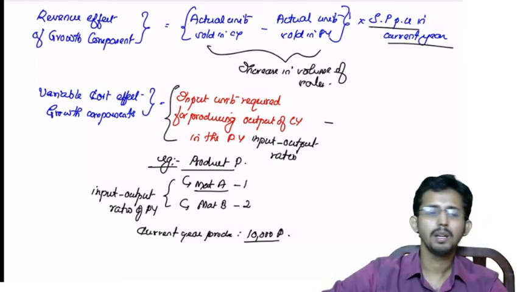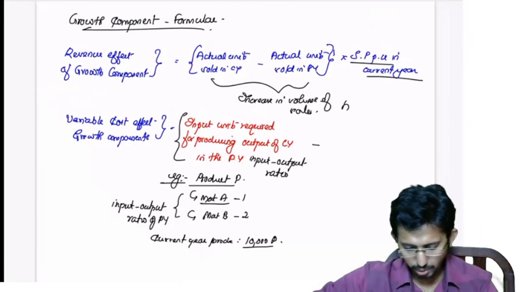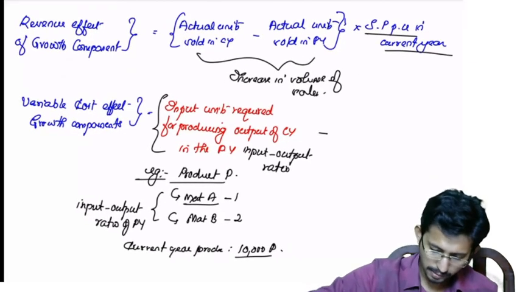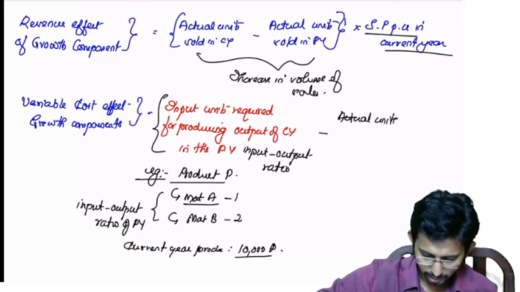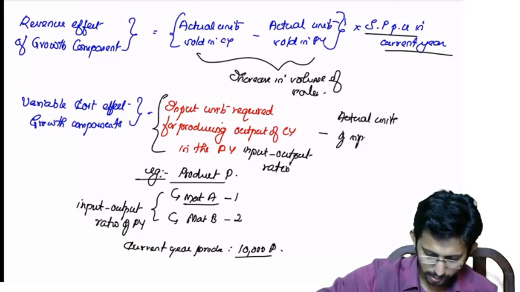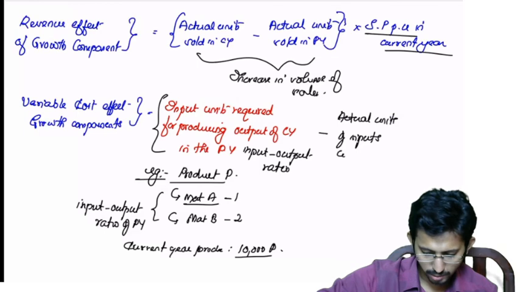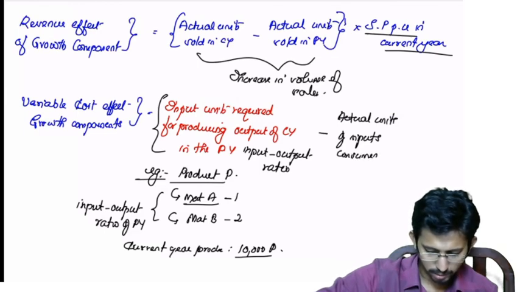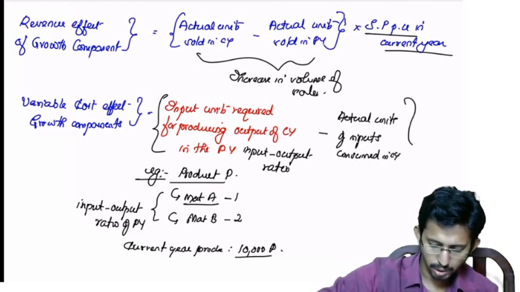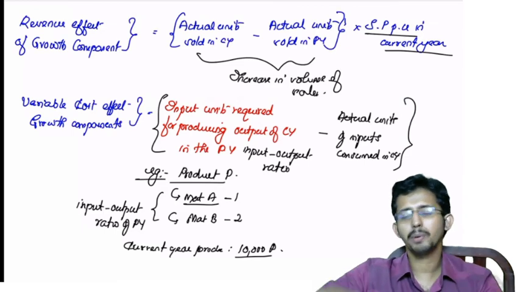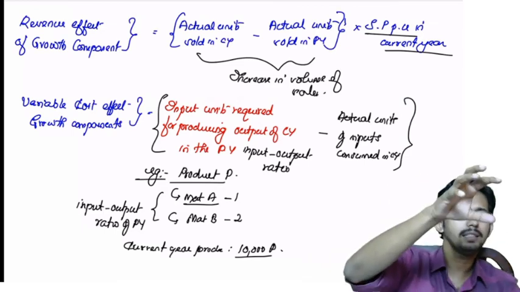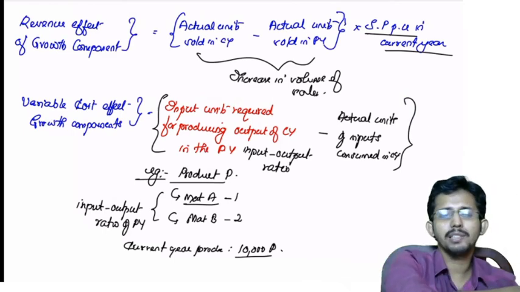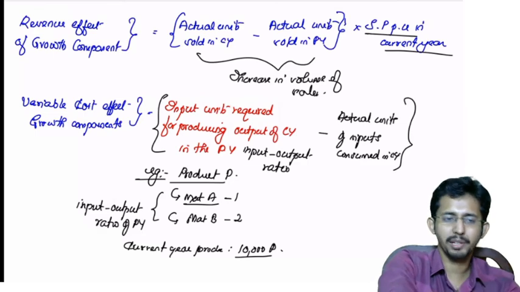Minus actual units of inputs consumed in current year, for current year production. So the first part was the standard with respect to the previous year input output ratio for the current year production.